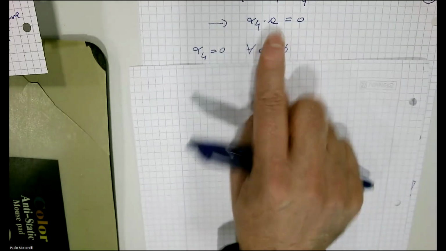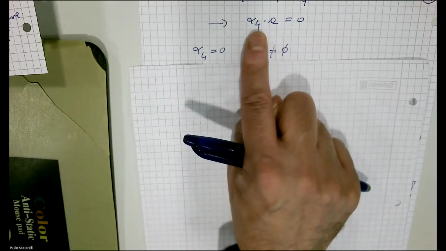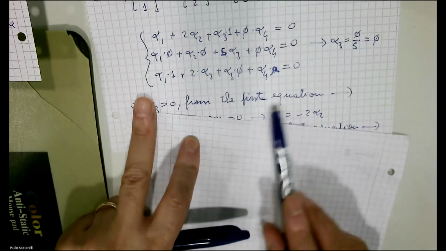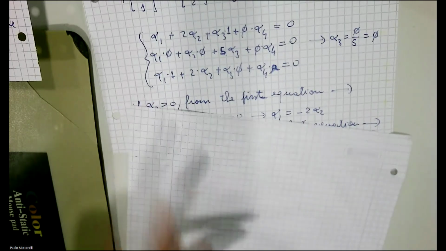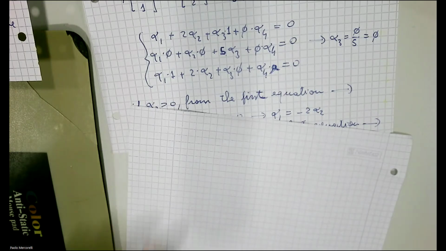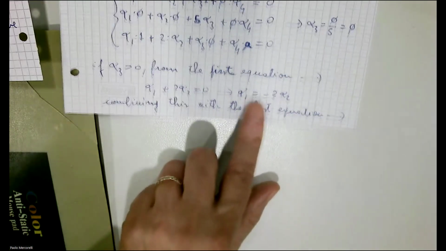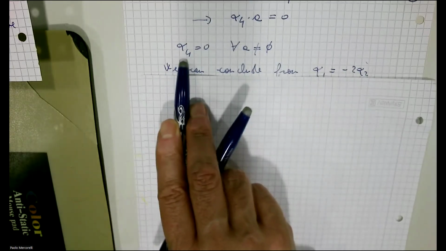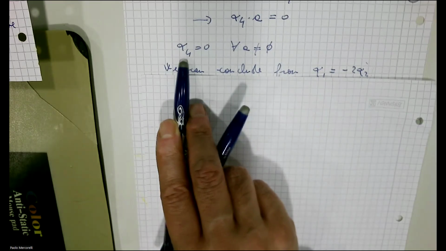Even in case of A equals 0, we have the dependence because the condition which states the dependence is here. But please pay attention to this A. Because if this condition is not there, another example, if A equals 0 implies that alpha 4 must be not 0.